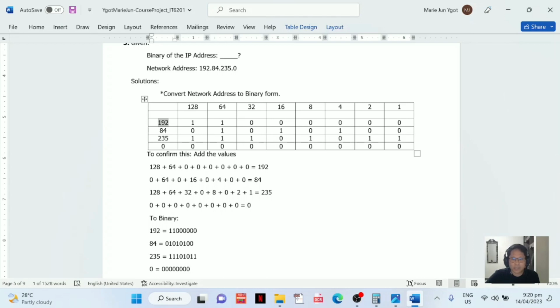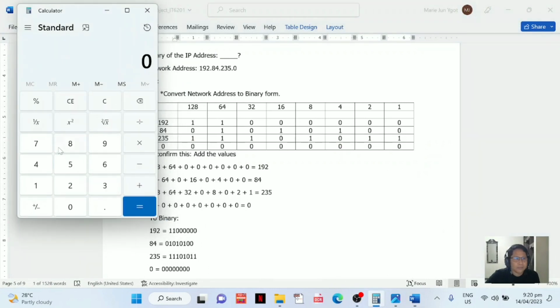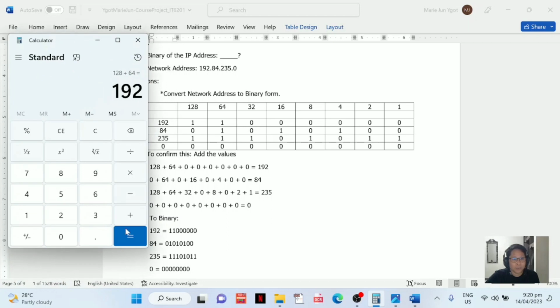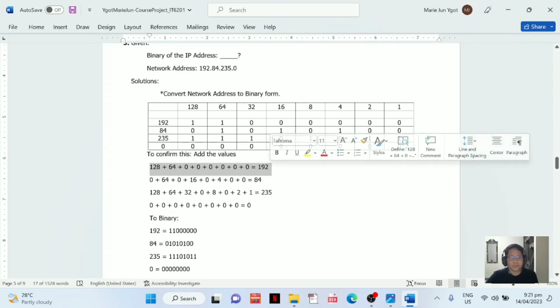No, because 128 plus 64 is already 192. So the remaining would be a no, so we'll put all zeros here.